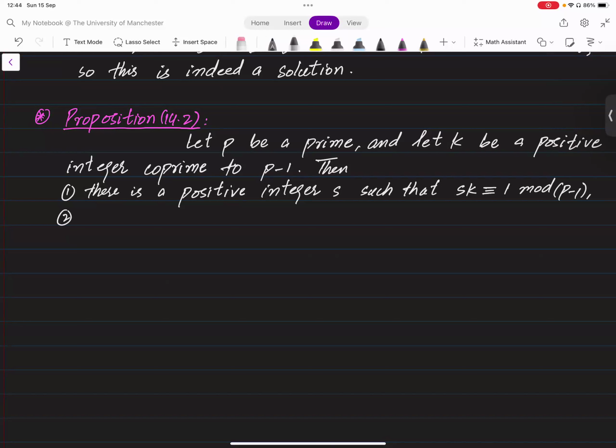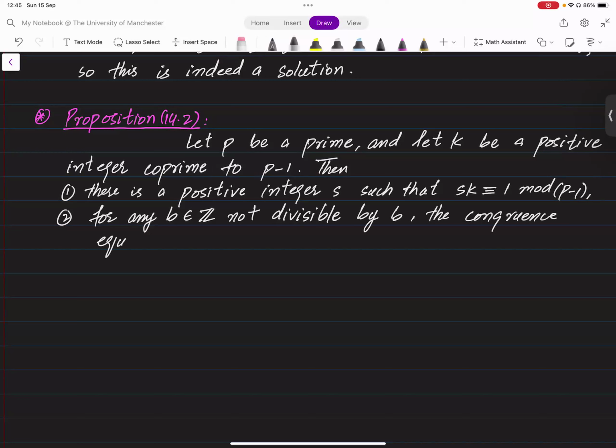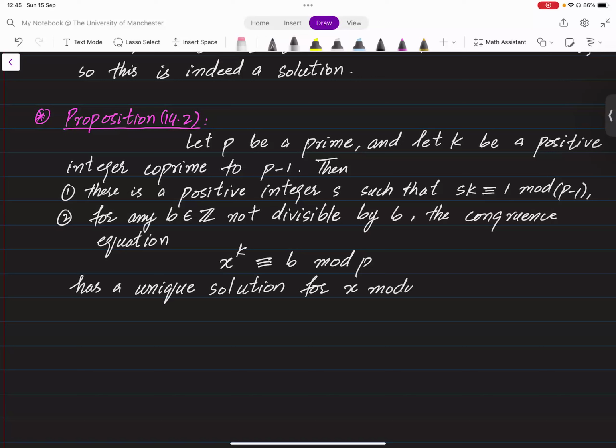2: For any integer b not divisible by p, the congruence equation x power k is congruent to b mod p has a unique solution for x modulo p.